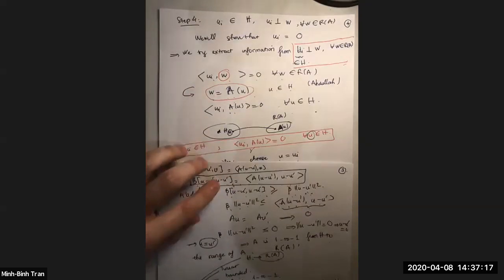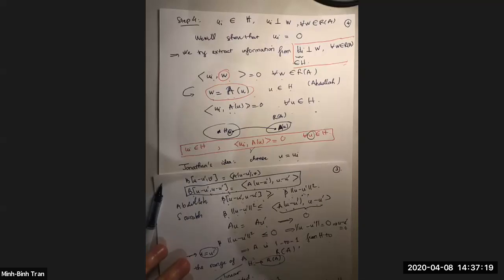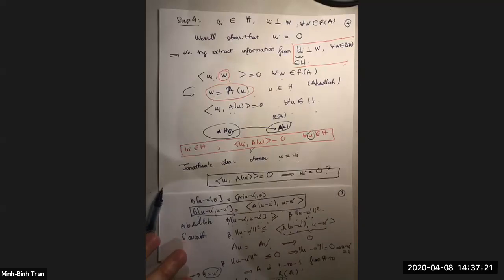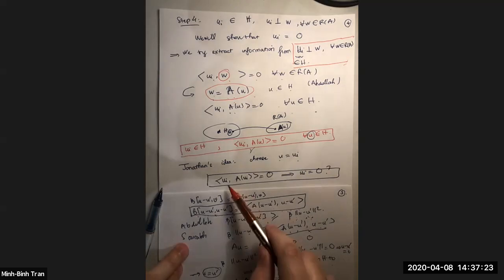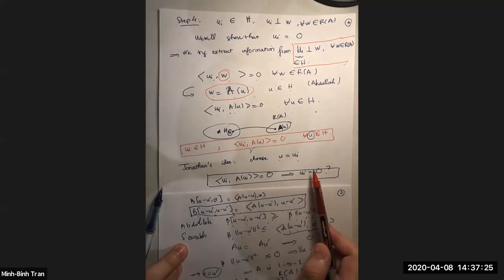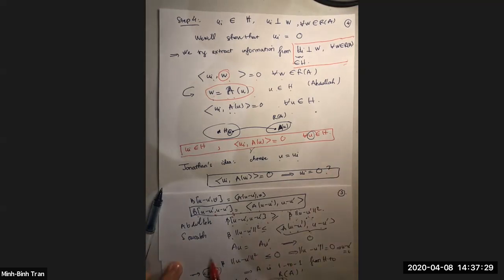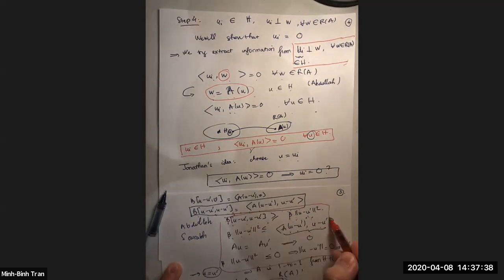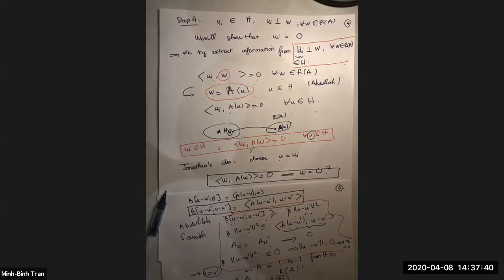So now we're going to mimic this proof. We're going to have the inner product of u_i with Au_i equal to 0. Can we deduce that u_i is 0, following this kind of strategy? You see the similarity? So again, I explain again.